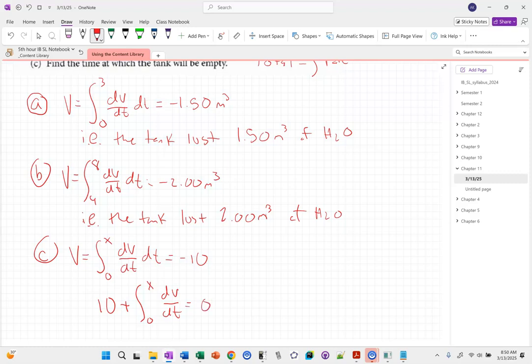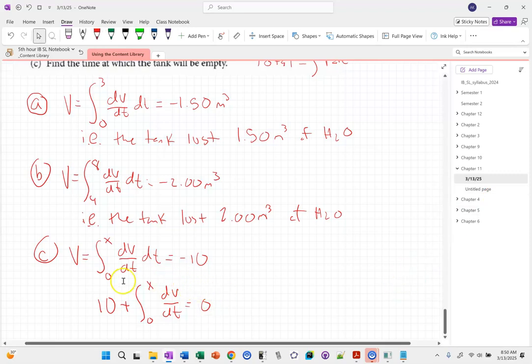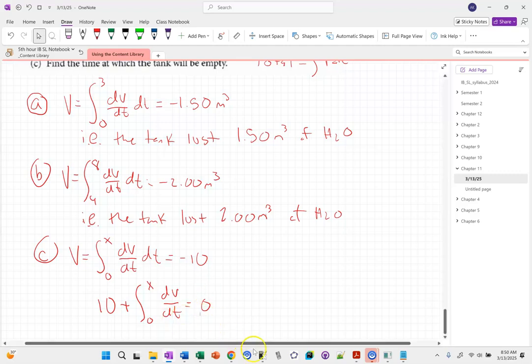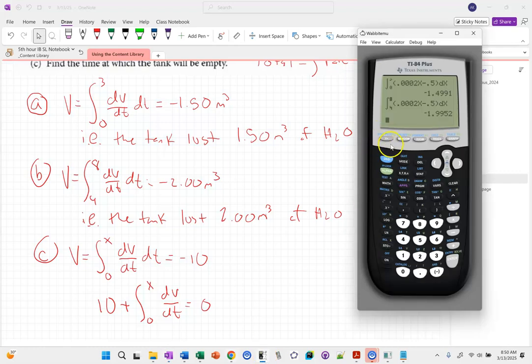Either is fine, right? Where you add 10 to both sides so it's equal to 0. Everybody feels good? Either way of thinking about it is okay. What I'm going to do is I'm just going to graph this integral into my calculator and find the 0 or the intersection, depending if I set it equal to 0 by adding the 10 over, or if we just have it equal to negative 10. I usually like it to equal 0 because it's easier for me to find a window.